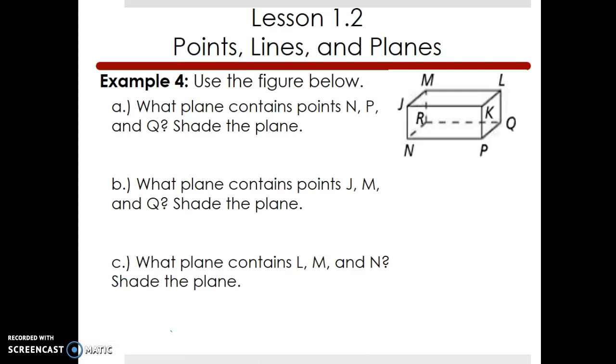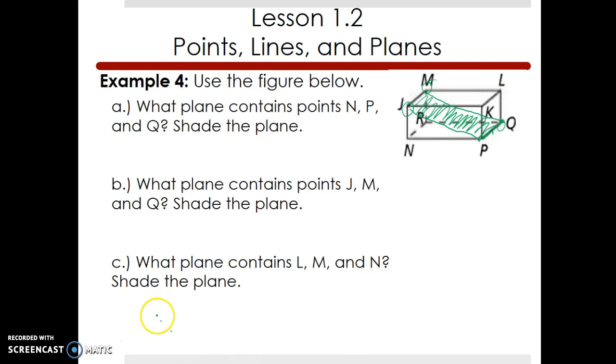The next one's asking what plane contains points J, M, Q. Well, look at this. It's not one of the surfaces, but think about it this way. Can't you draw a plane out of these points? It's a plane that goes diagonal, and that's connecting them.